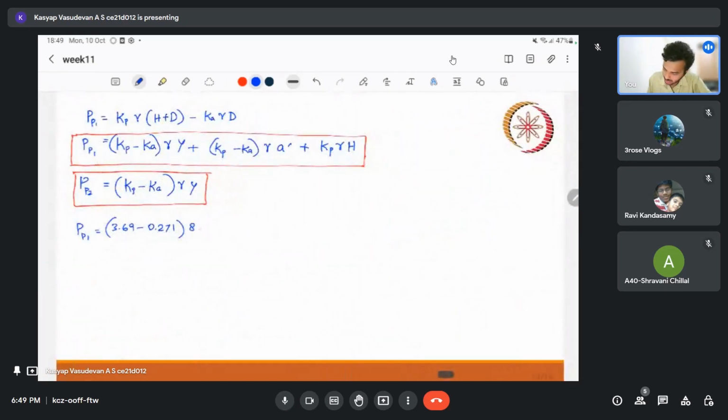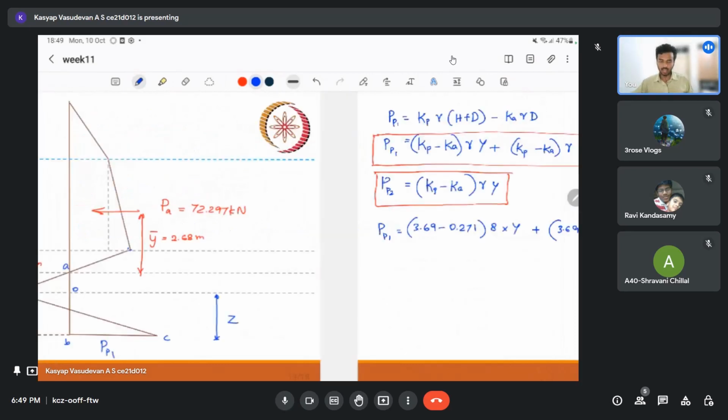That is 8 into y plus (3.69 minus 0.271) gamma, again 8, since a dash is below the water table, and a dash we know is 0.67, plus 3.69, that is our Kp, into gamma h.